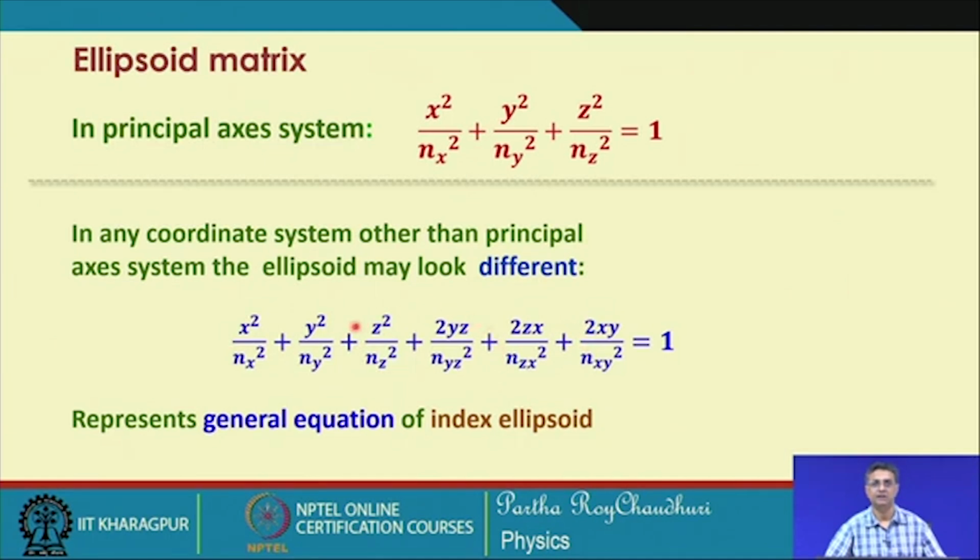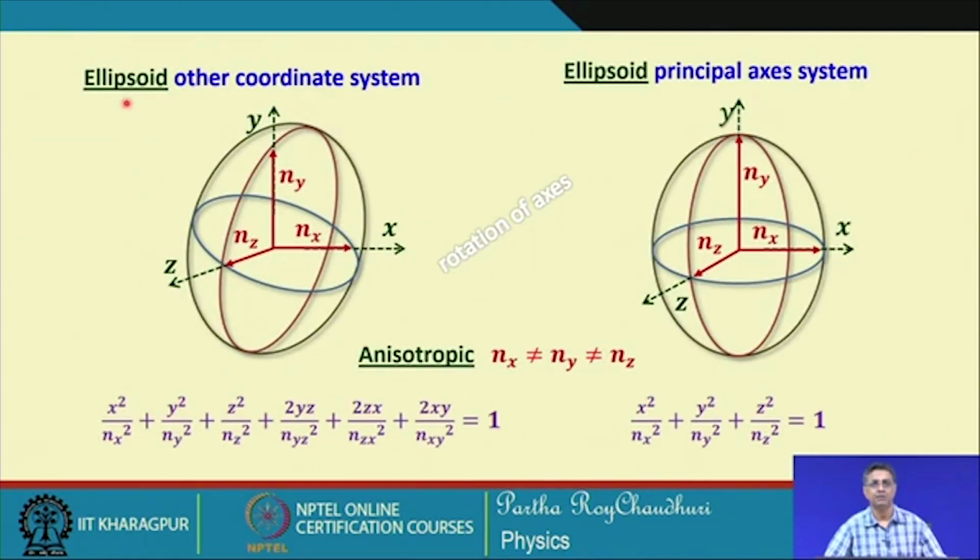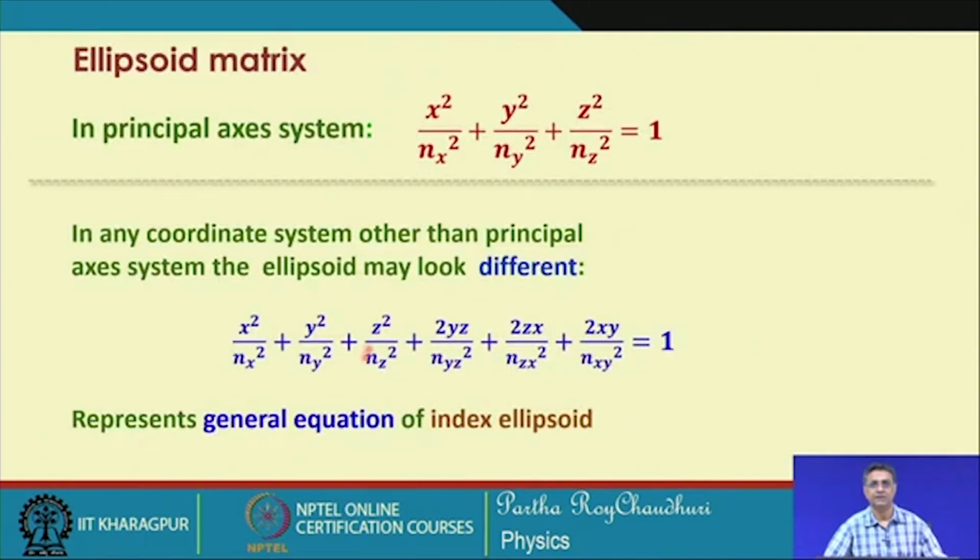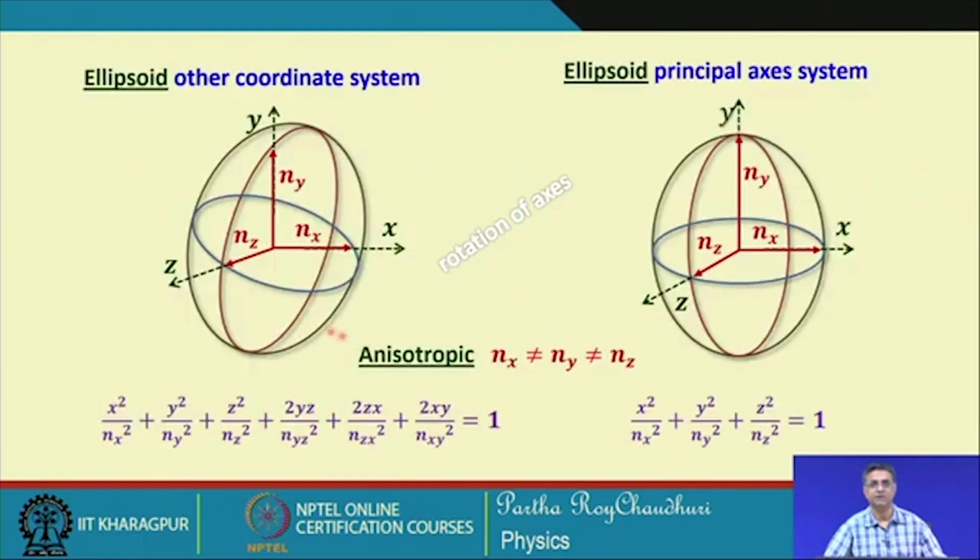And we will see that this ellipsoid is rotated from the other ellipsoid when we consider it with respect to the coordinate axis fixed with this system and fixed with any other system. So, when we consider the general ellipsoid equation, it will look like this.